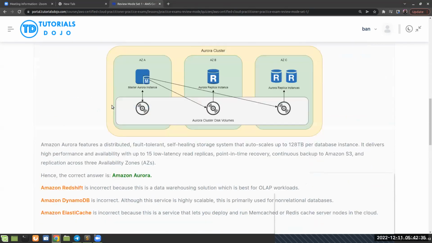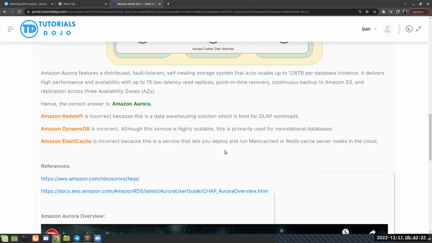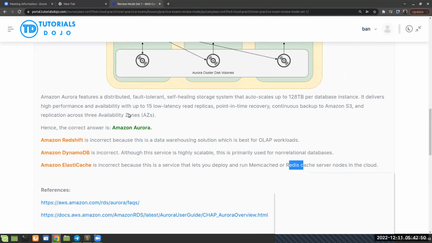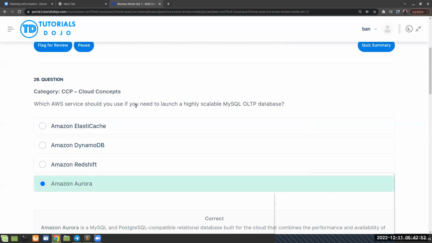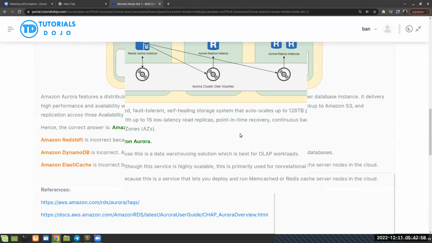Redshift is a data warehouse. An Elasticcache in-memory database is split also into two different databases. You have what's called Memcache and you have Redis, right? So just make sure that highly scalable MySQL database, the definition of each database will help you.